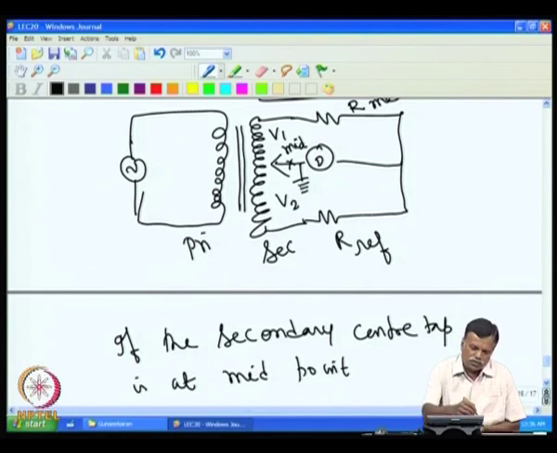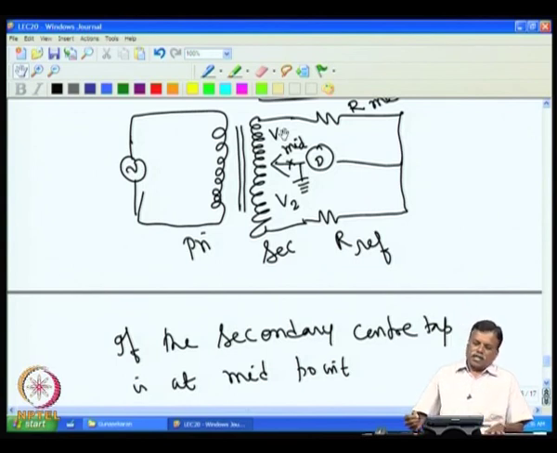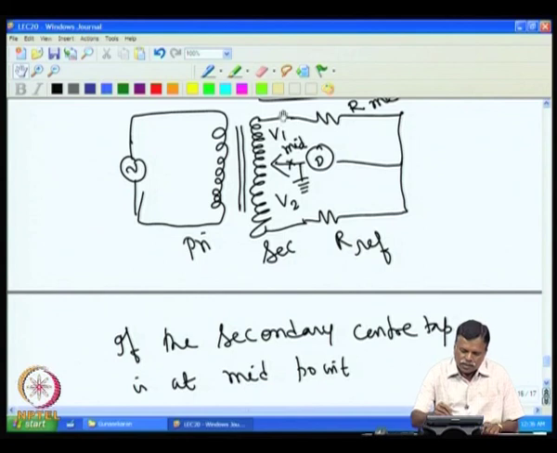So, these two voltages are equal. And then we know that this voltage and this voltage are 180 degrees out of phase, that means this will send a current like this, and then this will send an opposite current, that is, this current will come like this. So, the currents in this and this are opposite.